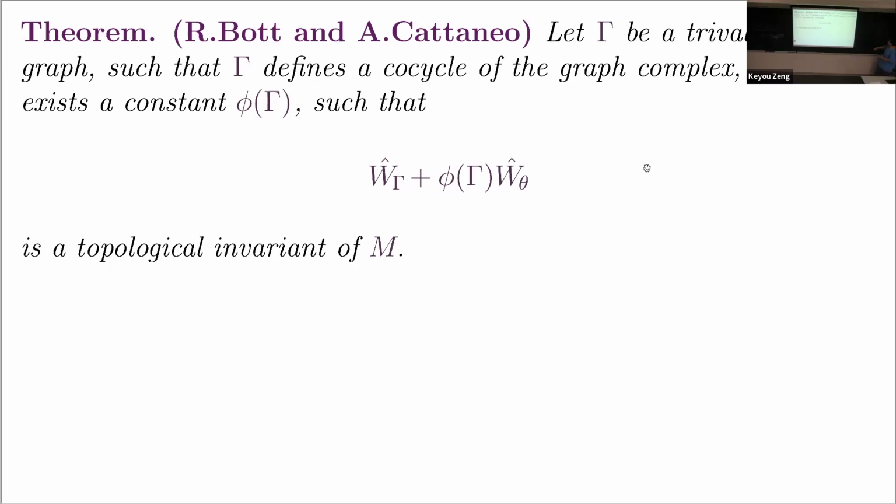For this example, we can get 0, so this graph is a closed cycle. So the theorem just tells us that if gamma is a trivalent graph and gamma defines a co-cycle of the graph complex, then this is a topological invariant. Sorry, my graph is not a trivalent graph, but it's a co-cycle.